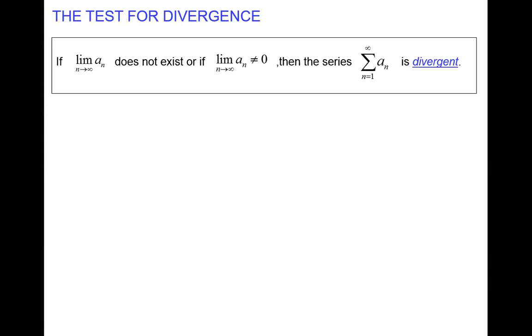Probably you realize I'm repeating all of the stuff that we learned. We learned the geometric series, the telescoping series, the harmonic series, and then we had this theorem, that if it's convergent, then the limit is 0.